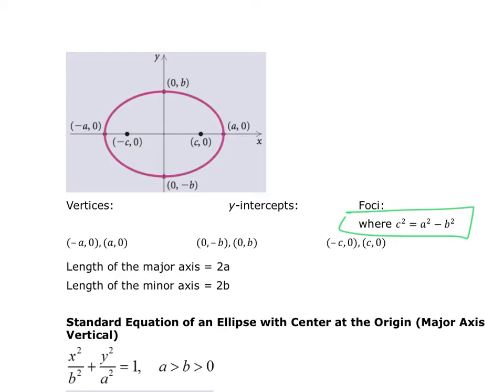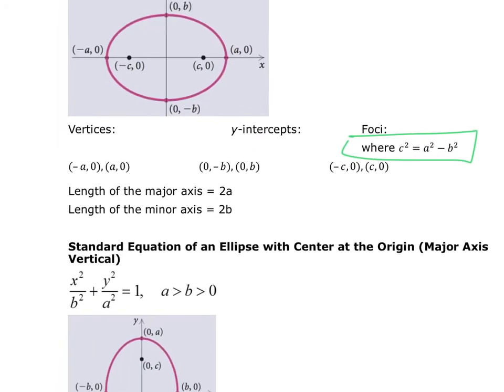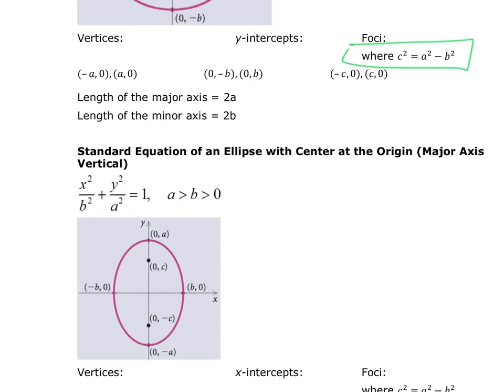Now, the other way that this can be is if my larger number is underneath the y. Here, my larger number is underneath the y, and now my major axis and my foci are running along the y-axis. A is still the distance from the center to the major vertex. B is still the center to the minor vertex, and C is still the distance from the center to the foci.